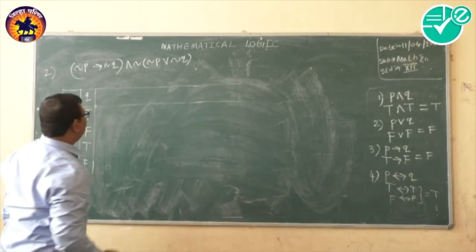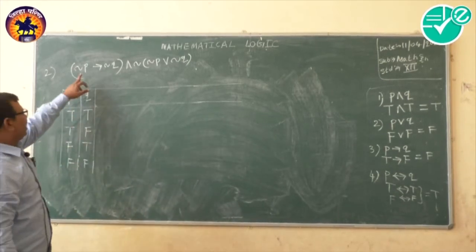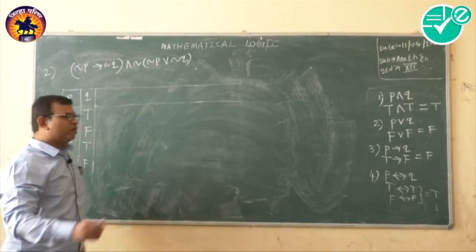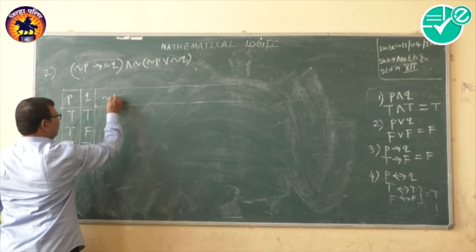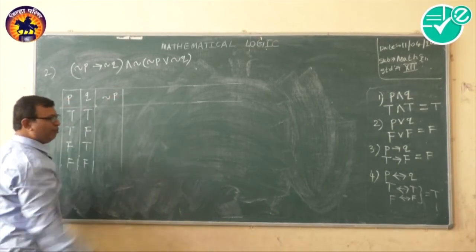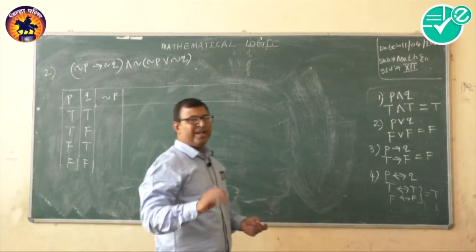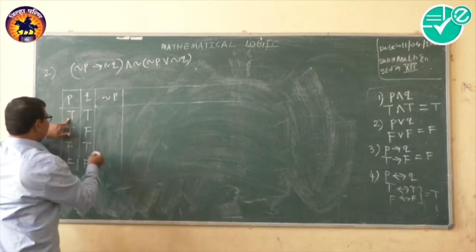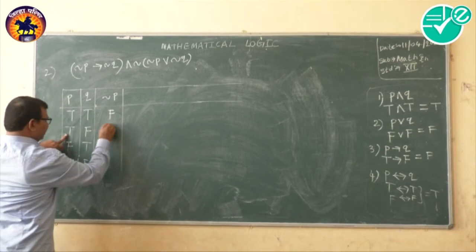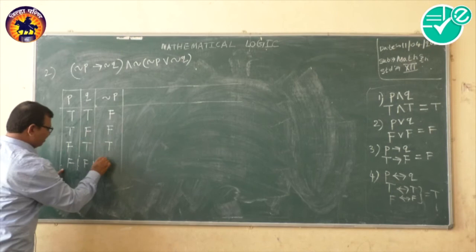Now see, in this example there are negation P, negation Q, negation P, negation Q. We should solve negation P firstly. Here it is the negation of P. If it is true, then it will be false. And if it is false, then it will be true. Now see, here it is true, negation of P is false. Here it is true, then false. Here it is false, then true. Here it is false, then true.